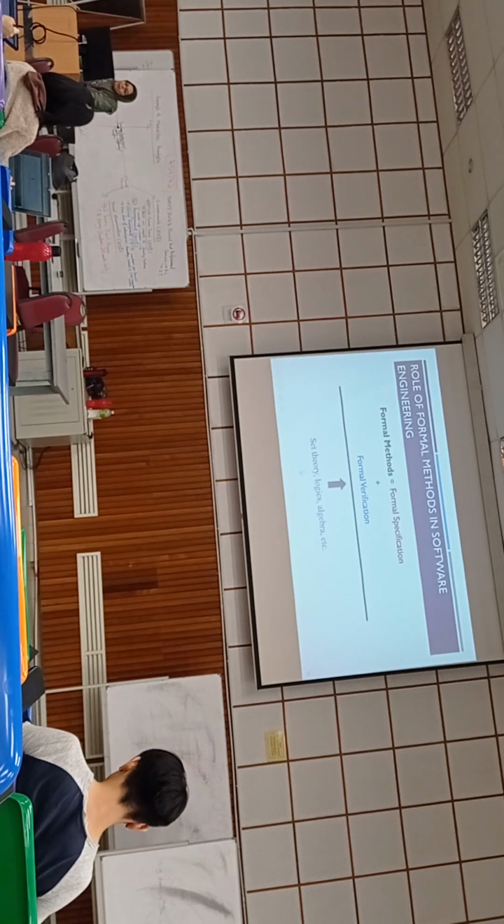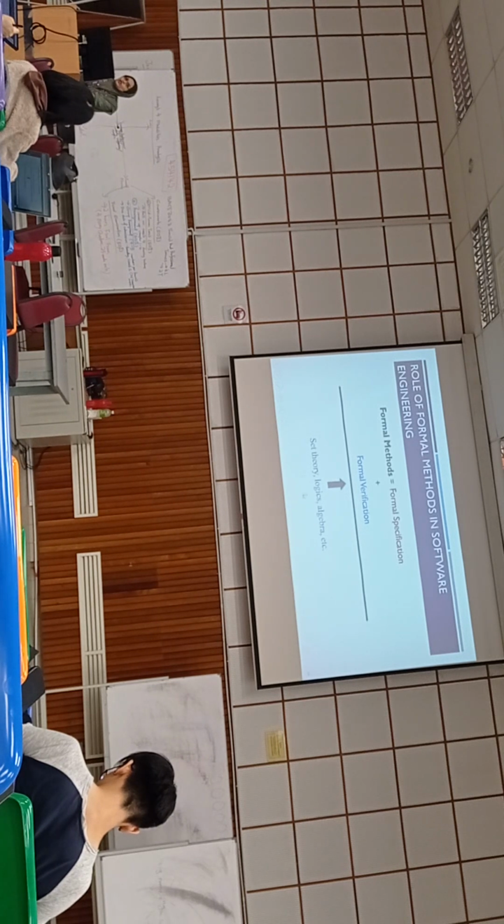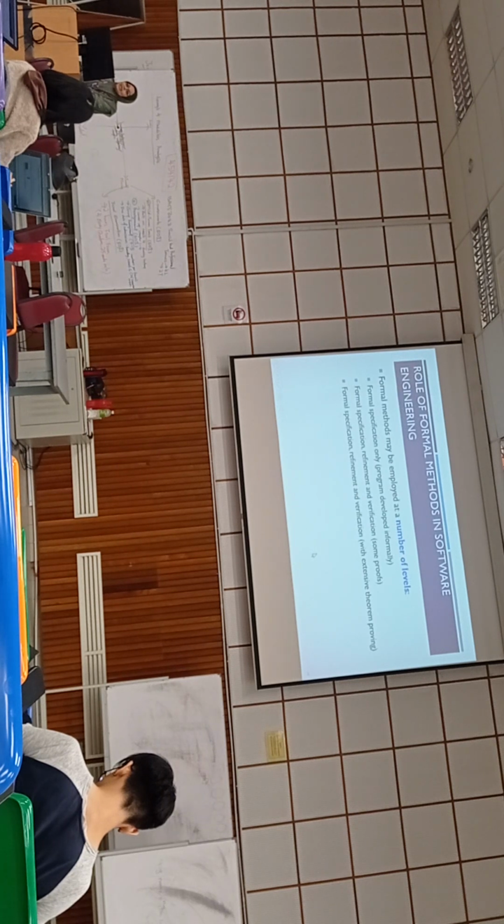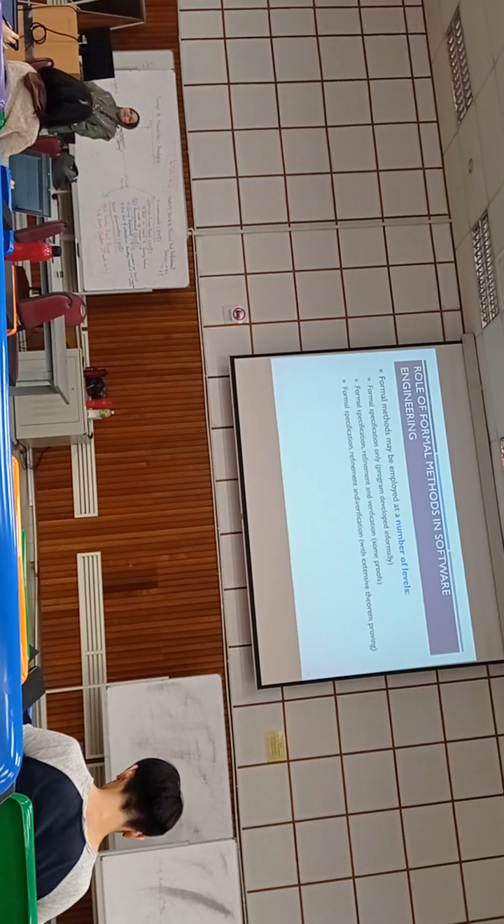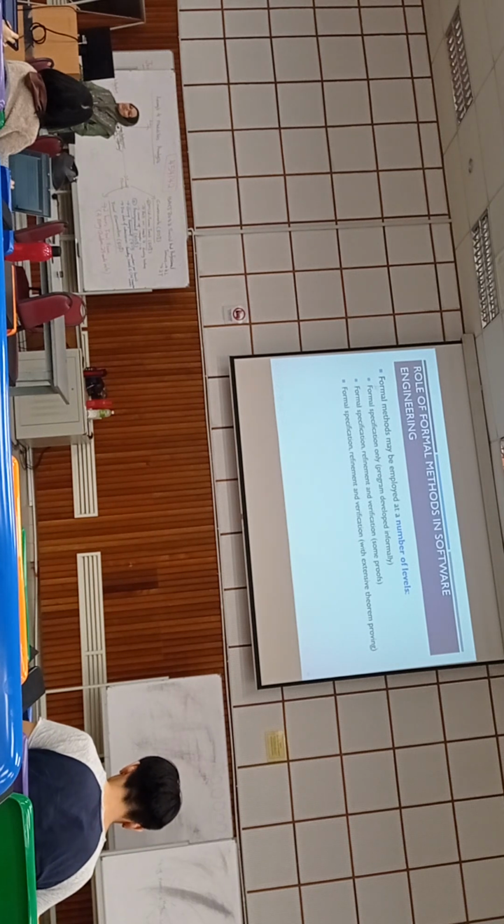Okay, so for formal method, as I told you just now, we are going to use mathematical notation, set theory, logics, algebra, and so on. There are levels of formal method that we are going to do. For us, we are going to go for the first level, which means doing formal specification.